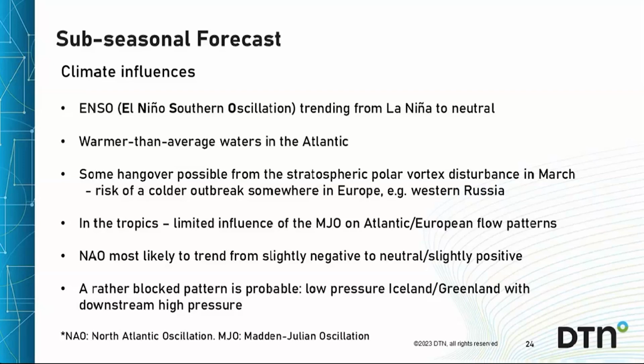The MJO, the Madden-Julian Oscillation, that looks weak and not all that influential. But we should see the NAO, the North Atlantic Oscillation, trend from slightly negative to neutral or slightly positive with a rather blocked pattern underlying, with high pressure across Europe downstream of lower pressure near Greenland and Iceland.